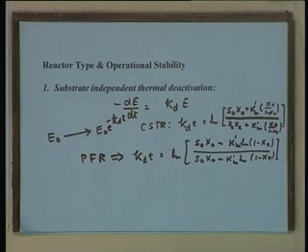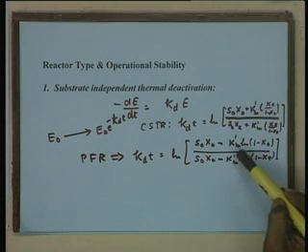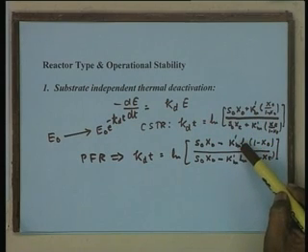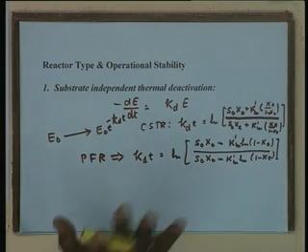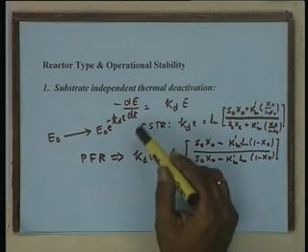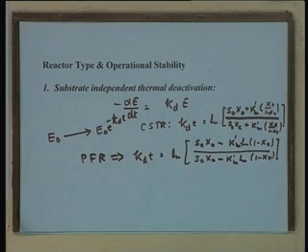Now, in the two cases you can consider the effect of operational stability on the reactor performance. If the kinetic regime of the reaction is zero order, as we noticed earlier, the k dash m term in both expressions will be deleted. It will be only the first term, and the effect of operational stability is independent of the type of reactor. It will be identical for CSTR and PFR.